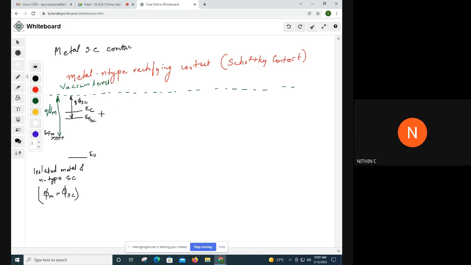Just check that and tell me. എങ്ങനെയാണ് നമ്മൾ equilibrium energy band diagram വരയ്ക്കുക?